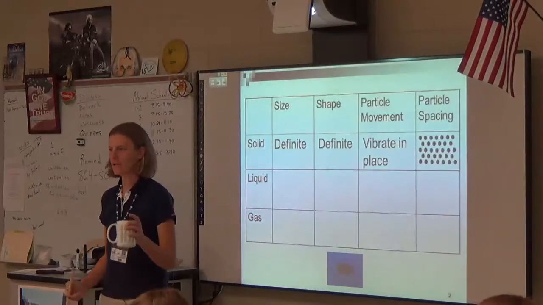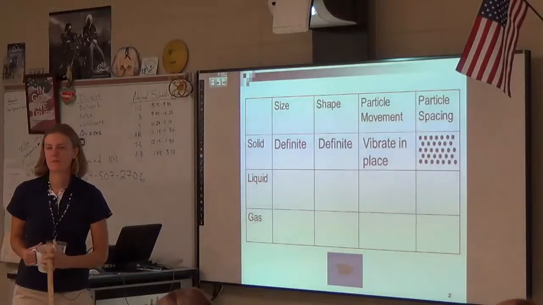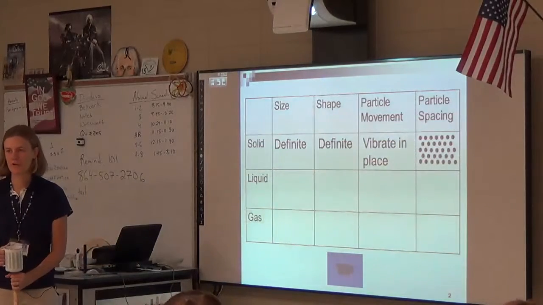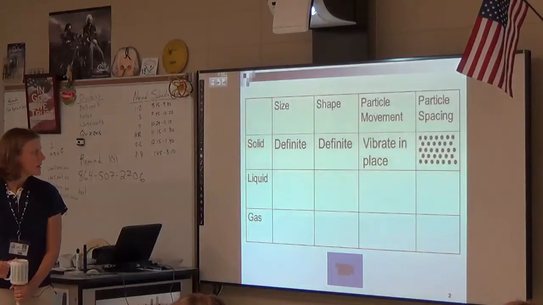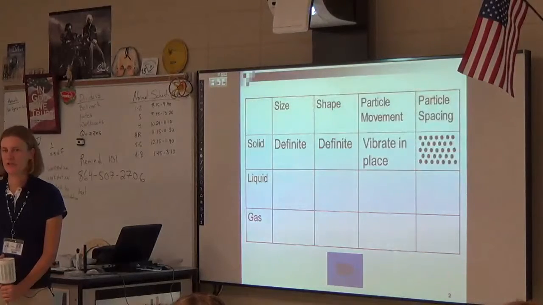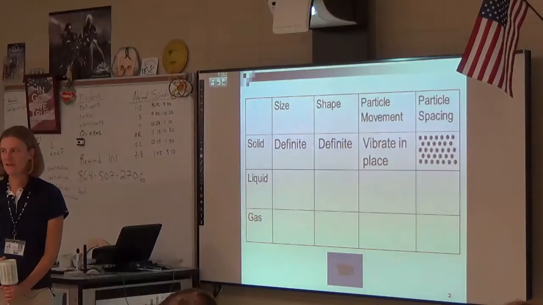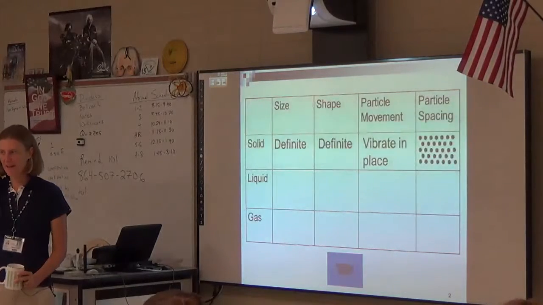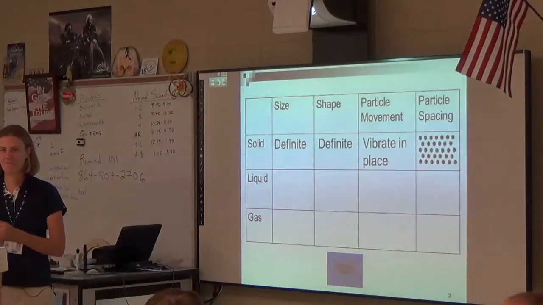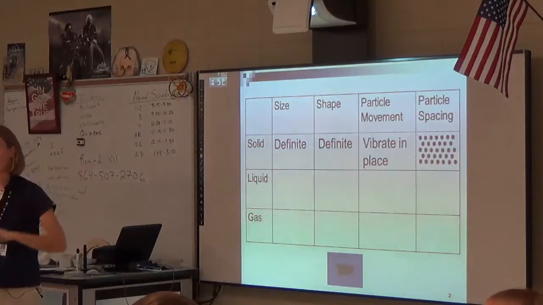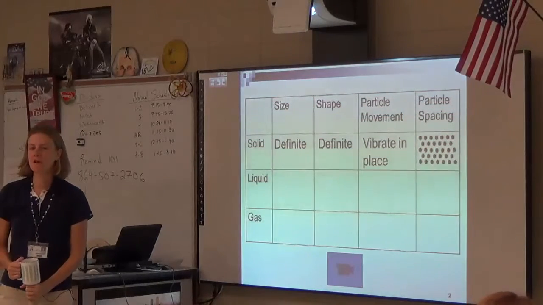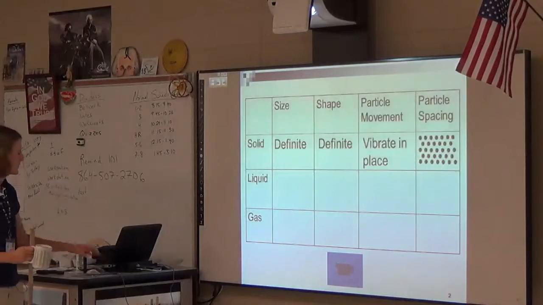So imagine I have a glass of water. This one, liquid's sort of the one tricky one to figure out. I think the rest of these are pretty easy. What is indefinite, the size or the shape? Shape. All right, shape is correct. When I say size, maybe also think of volume.